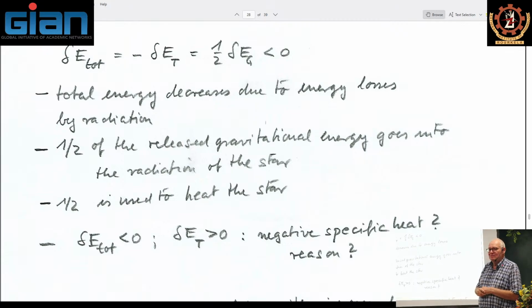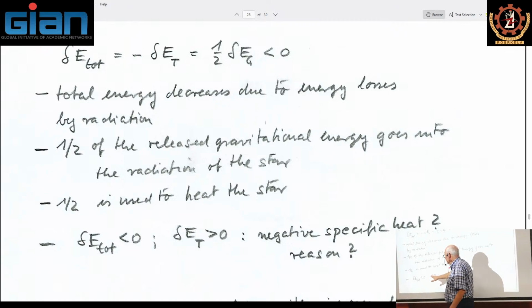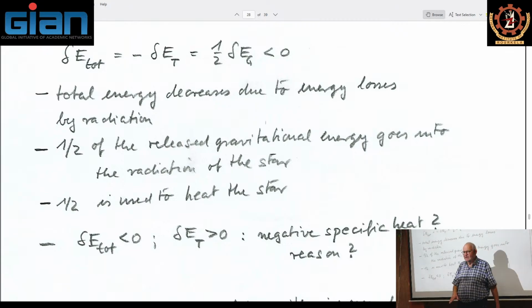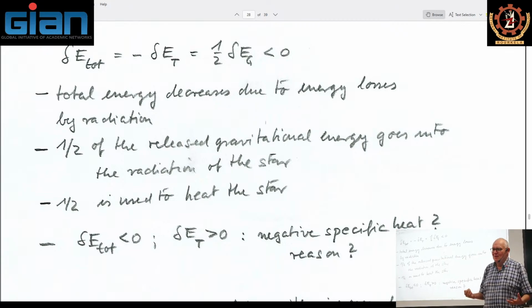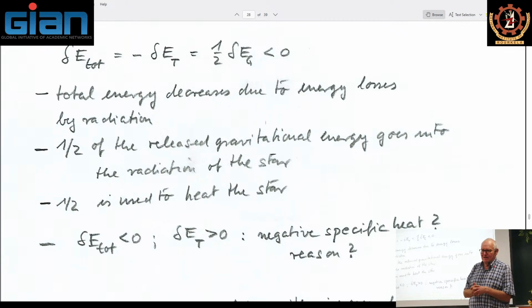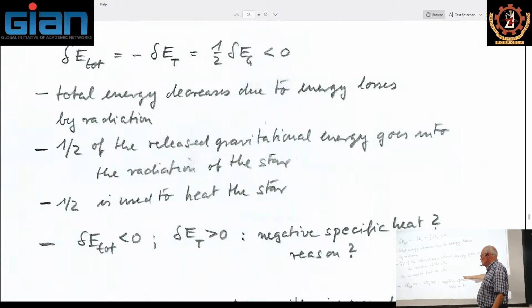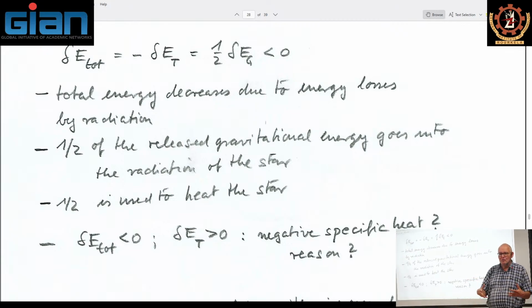So what is responsible? Where does it come from that a decrease of the total energy heats up the system? What do we usually not take into account in the total system? It's gravity. Gravity is responsible for that strange behavior if we include it in our thermodynamic system.